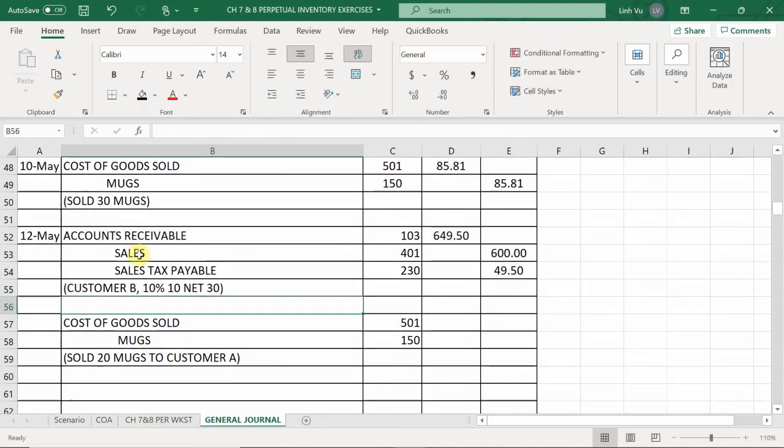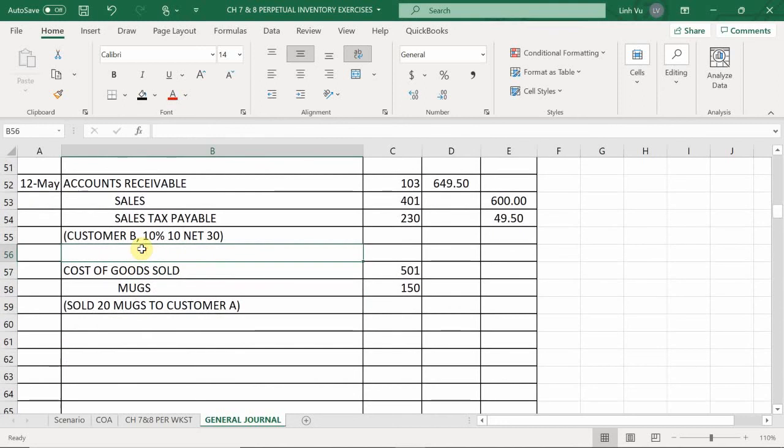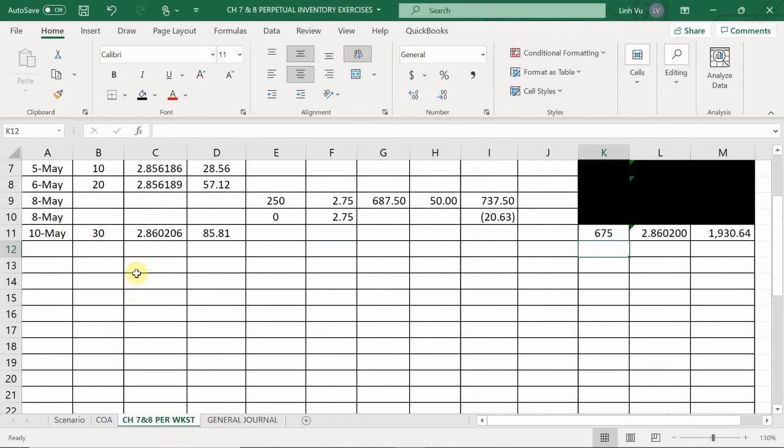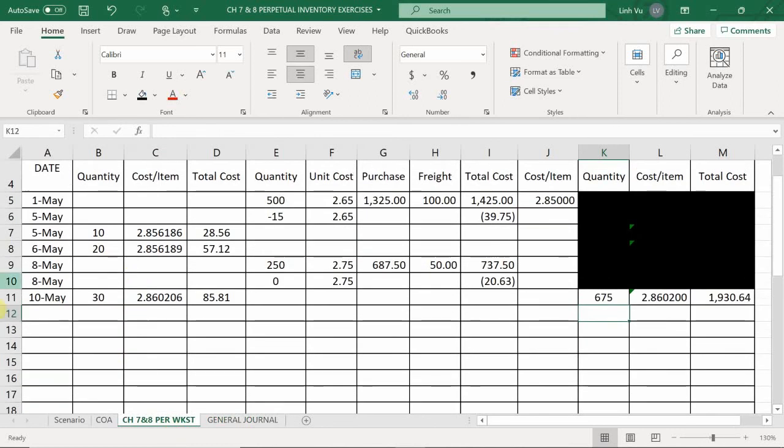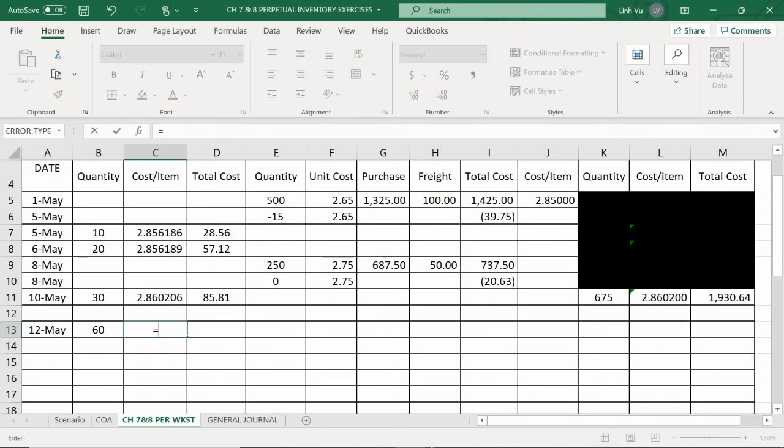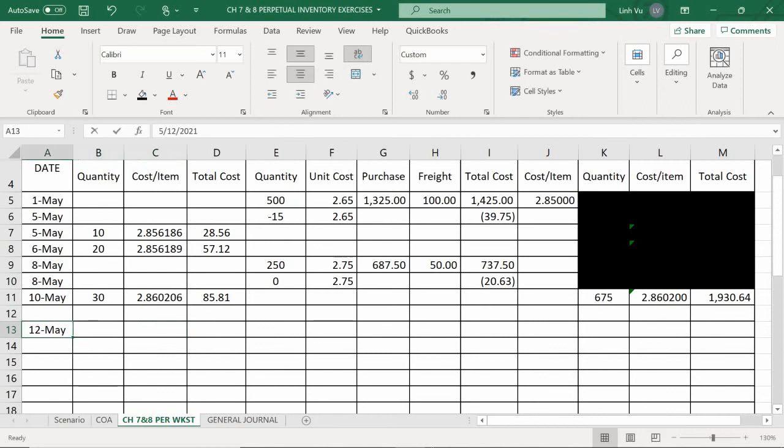So in this case, I sold 60 cups to customer B. So I got to go back to my inventory worksheet and plug that number into my cost of goods sold section. Okay. May 12, we sold 60 cups at what cost?